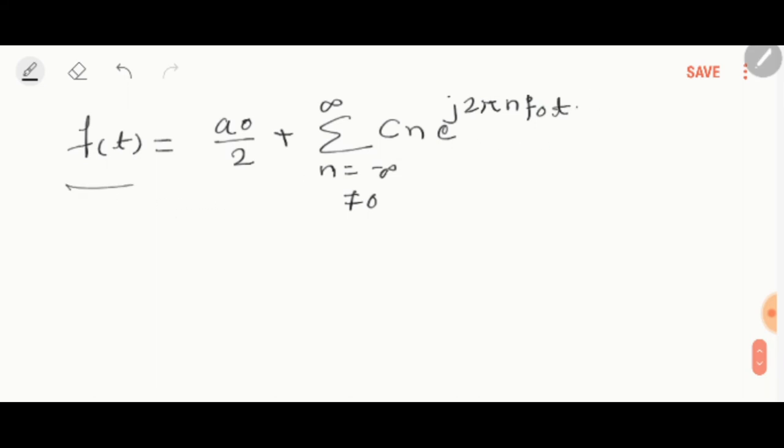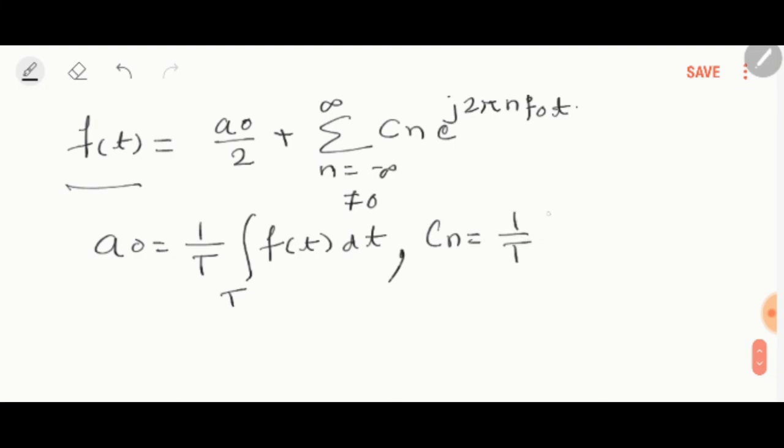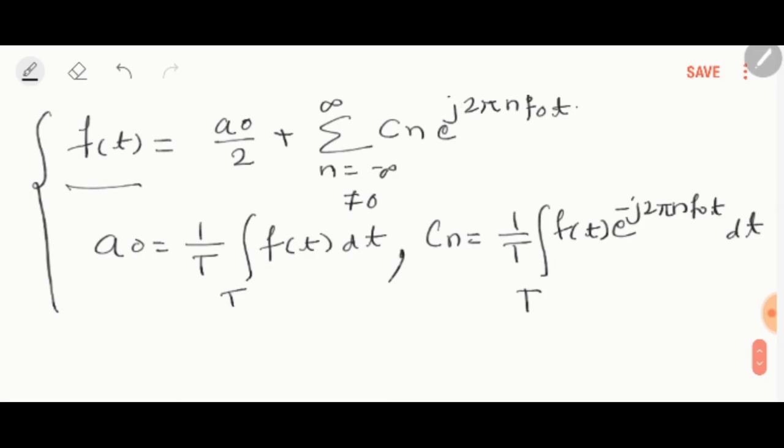So this is the value of ft, where a0 is 1 over T integration over T ft dt, and Cn is 1 over T integration over T ft e to the power minus j 2 pi n f naught t dt. So this completes the exponential Fourier series and how it is derived from its trigonometric counterpart.